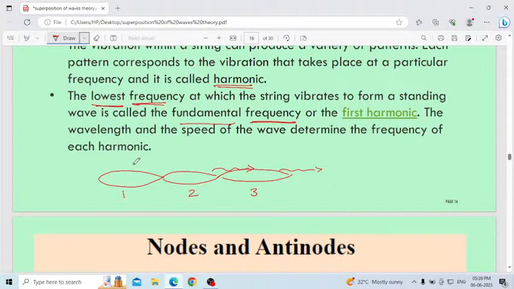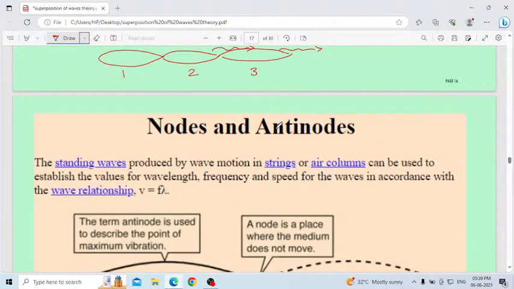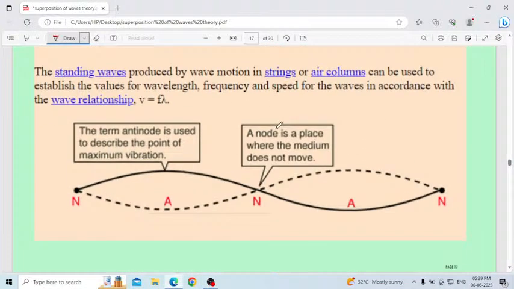Then here the harmonics get produced continuously, because you have to listen to a rhythmic pattern. That's why. But what is meant by fundamental frequency, you have to remember: the lowest frequency at which the string will overlap. Nodes and antinodes, everything I explained here.